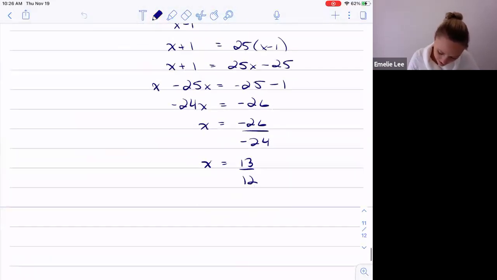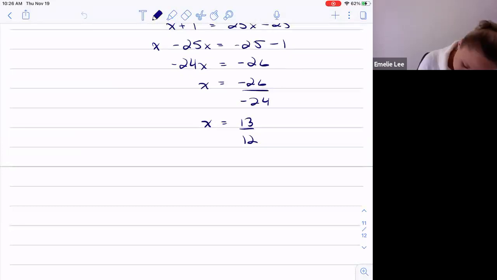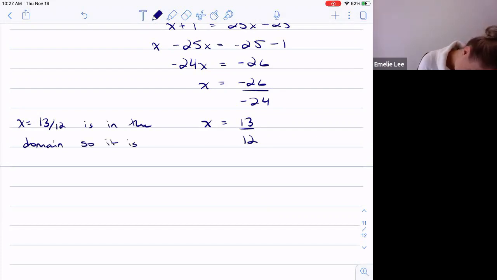Hey, it deleted my note. x equals 13 over 12 is in the domain. I just wrote that. So it is a solution. Not quite as exciting this time.